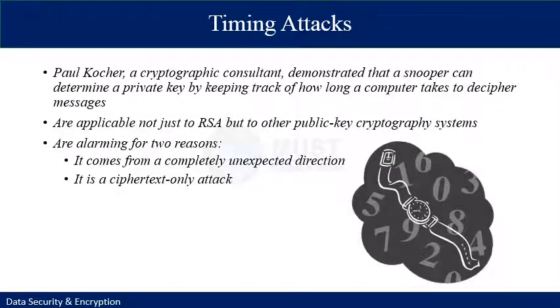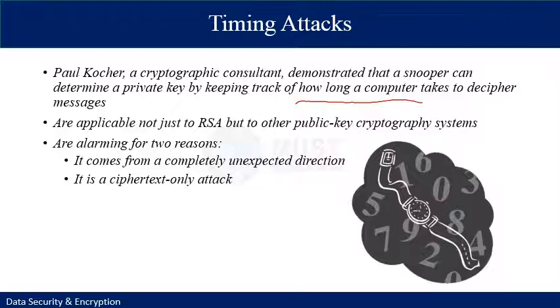If we needed yet another lesson about how difficult it is to assess the security of a cryptographic algorithm, the appearance of the timing attack provides a stunning one. Paul Kocher, a cryptographic consultant, demonstrated that a snooper can determine a private key by keeping track of how long a computer takes to decipher messages.